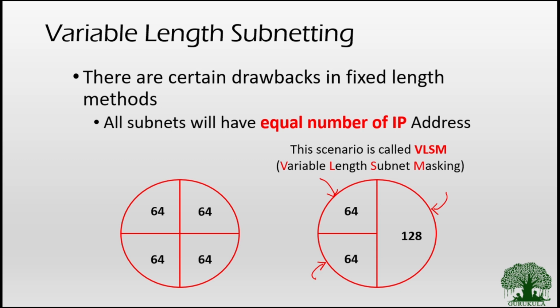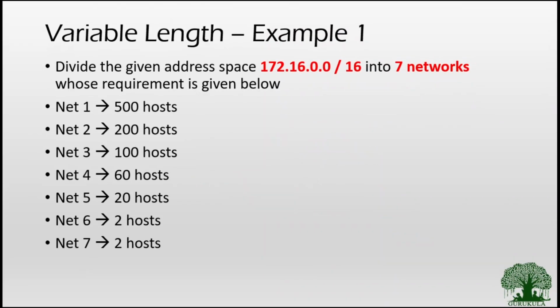Variable length subnetting is also referred to as variable length subnet masking, which is VLSM. It is also referred to as classless interdomain routing, or CIDR, which is also a term used to represent variable length subnetting.